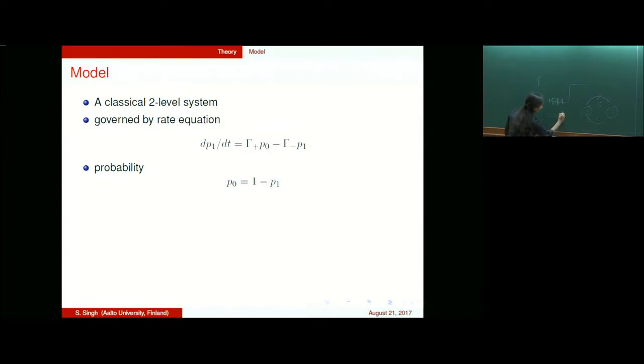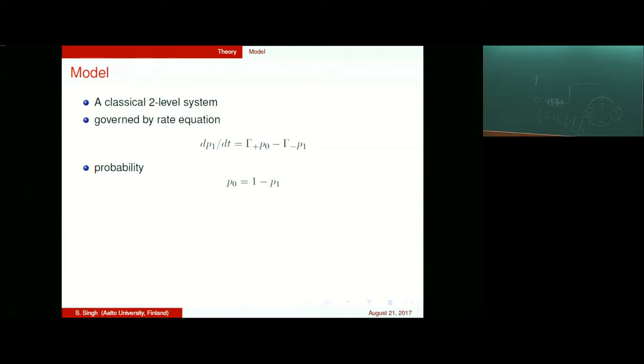So gamma minus times the probability of being in 1, where gamma minus is the rate through which it's coming to state 0 and the probability of being in state 1 before, so that it can come to this one, minus gamma plus times the probability of being in 0. So it's the rate of going away from this state times the probability that the system was in that state before. That's what this rate equation essentially means.